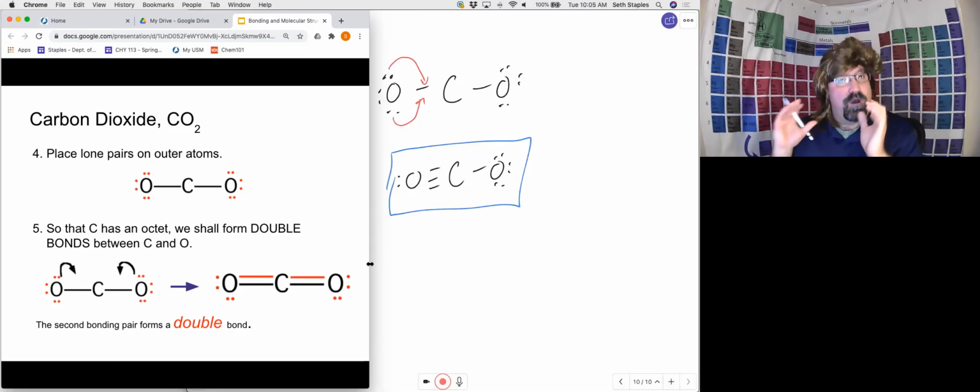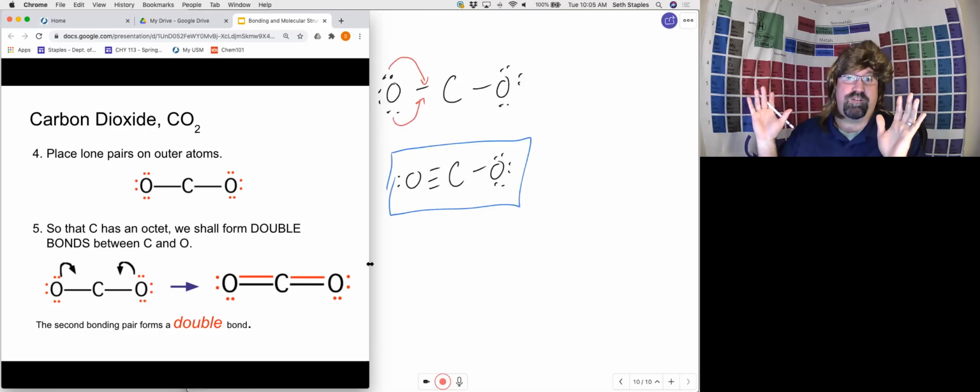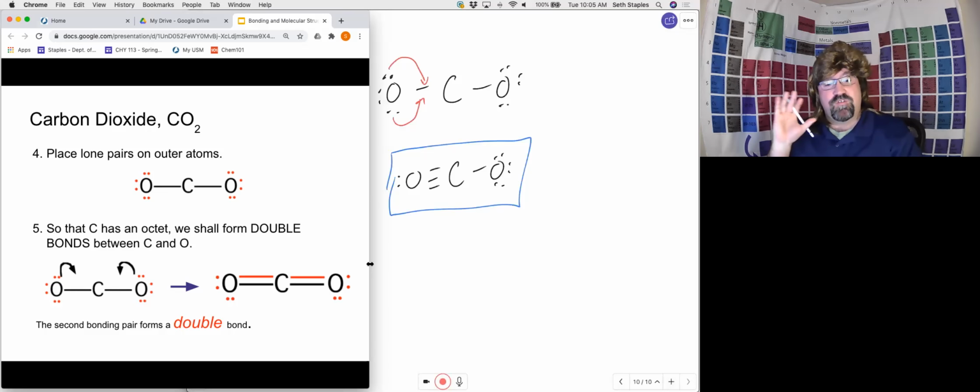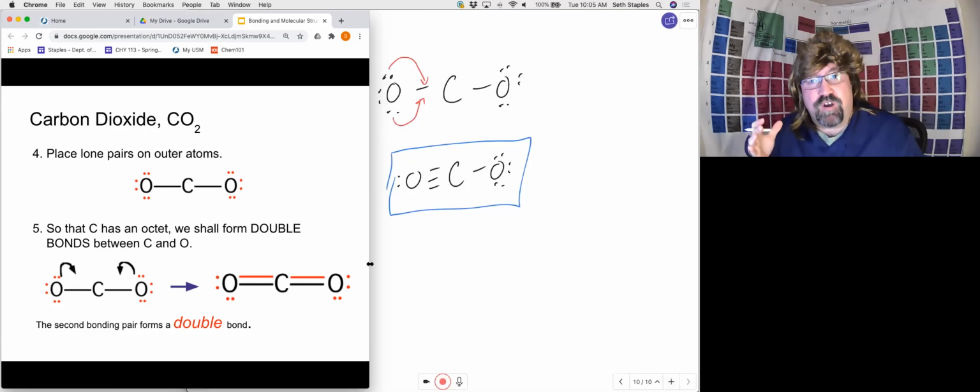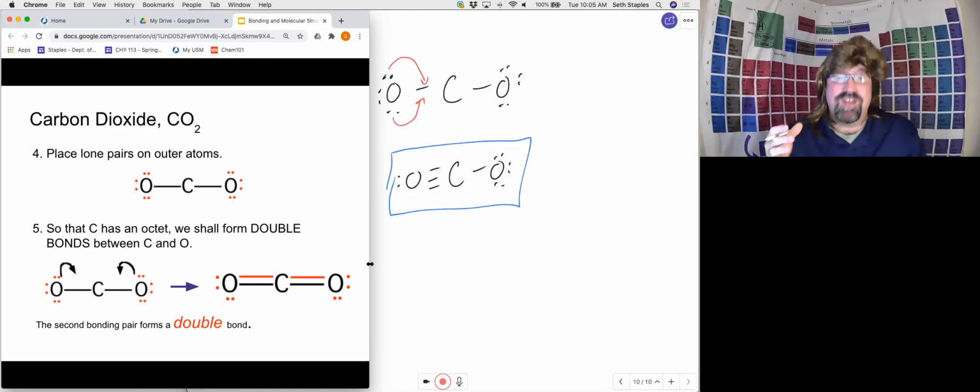But a couple things that we want to consider. Remember that covalency that we talked about? Carbon wants to form 4. And for our purposes in this course, carbon's never going to form anything other than 4 bonds. So it's going to have 4 bonds. Oxygen's covalency is 2. Ideally, oxygen would like to have 2 bonds. Now, there will be cases that we'll see where it doesn't. But in an ideal situation, oxygen will have 2. So if you can draw a Lewis structure that has oxygen having 2 bonds, that's going to be the preferred one.